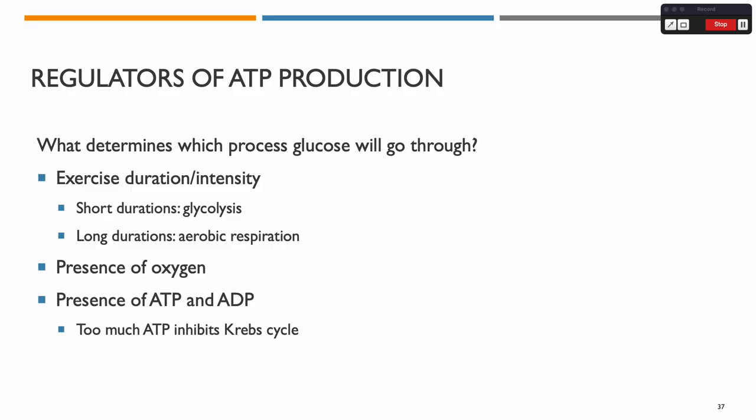The longer that duration, and especially if we're below lactate threshold, where we're not building up the lactic acid that's going to cause glycolysis to slow down and stop, and our muscles to stop reacting as well, means we're going to go more aerobic respiration.